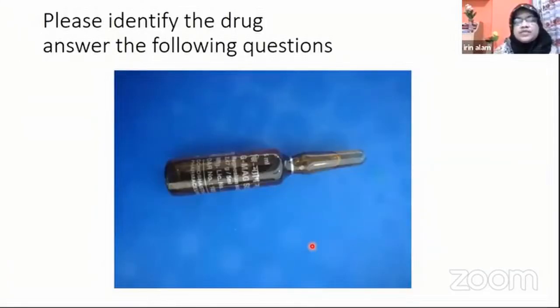Then there may be some picture of drugs. Any drug used in obstetrics can be given during the exam.